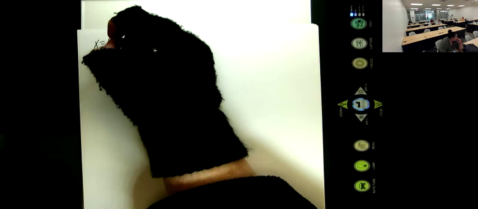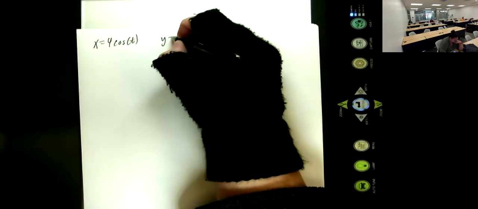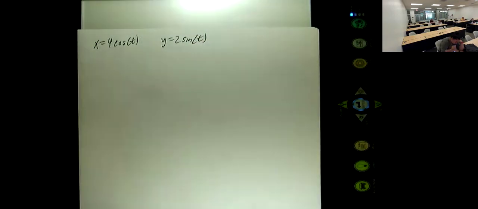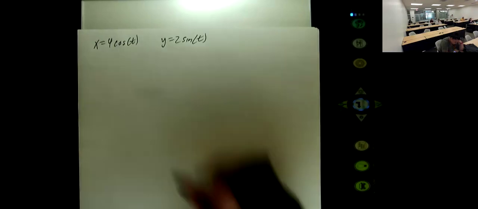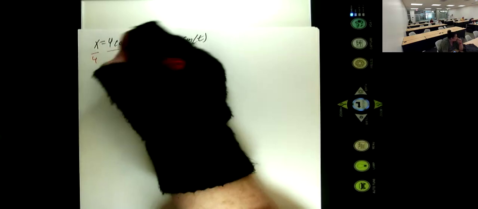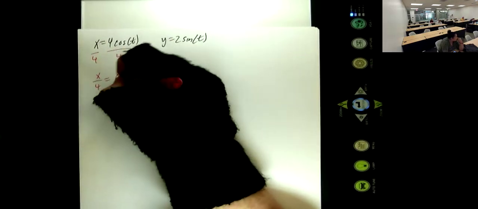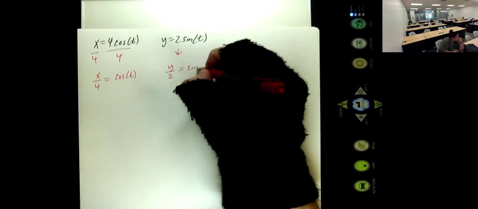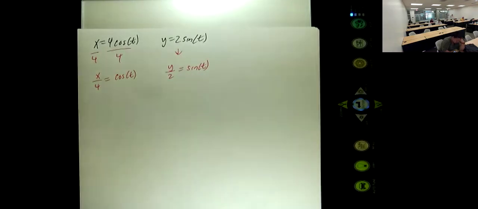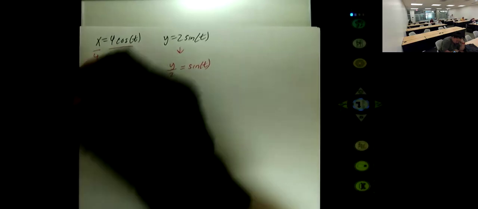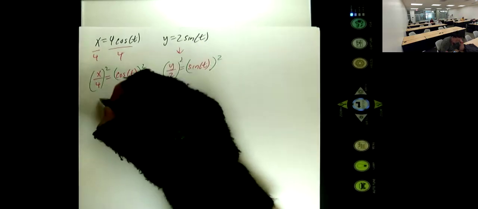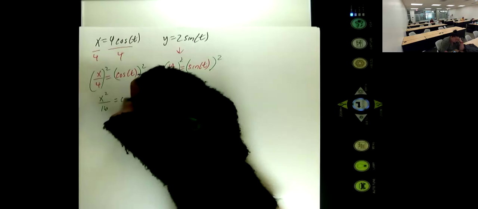So a second ago, I said let's pause and put a pin in x equals 4 cosine t and y equals 2 sine t, because I knew there's an easy way to do it, and I was just brain farting. The key is not to square first, the key is to divide and isolate the trig function first. X over 4 equals cosine t. Dividing by 2 here gets us y over 2 equals sine t. Square. And I get x squared over 16 equals cosine squared t.